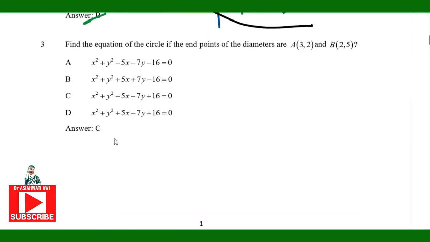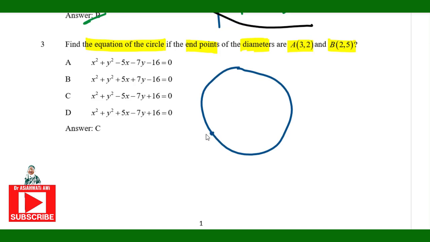Number 3: find the equation of the circle if the endpoints of the diameter are given. Given the 2 points that represent the diameter of the circle, A is the point (3, 2) and B is (2, 5).